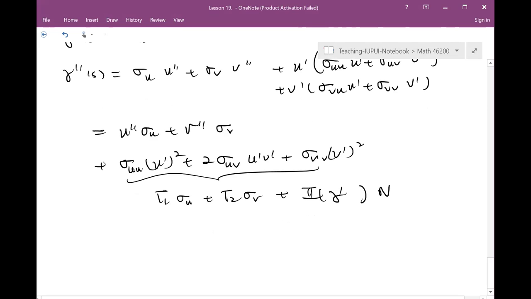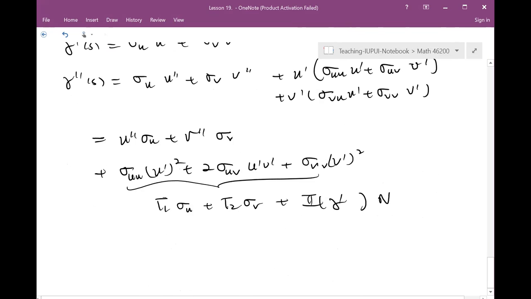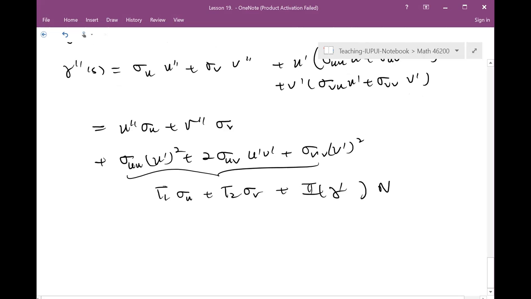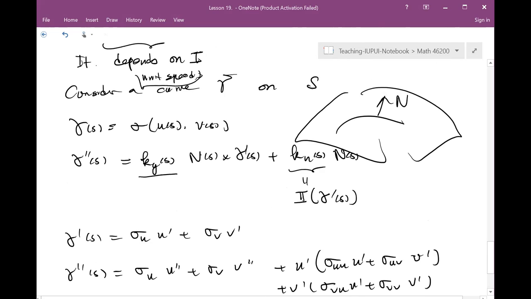So I'm trying to get the formula for this. The formula for this is going to be, this actually is a tangent vector. Okay, this is a tangent vector, tangent to the surface, because look, this is gamma prime.